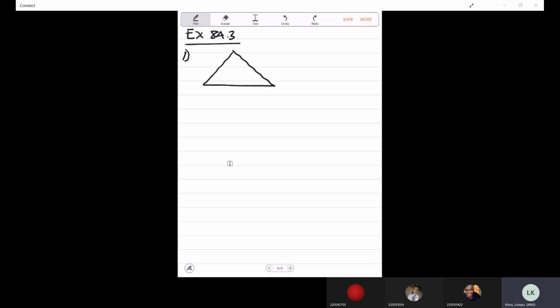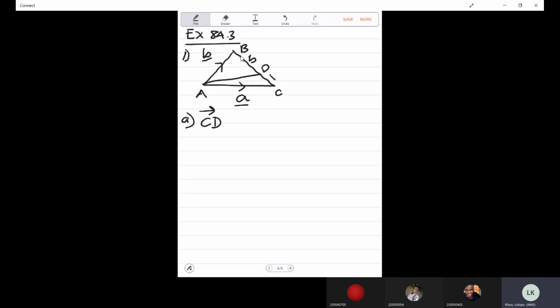This is the point A, this is the point B, this is the point C. We're told that this vector is B, so I'll put this is a vector B. In your book it's in bold, but I can't make mine bold there, so I'll underline the B. And this vector AC, we are told, is A. And we are told that there's a point D over here that divides the line CD in the ratio 1 to 5.